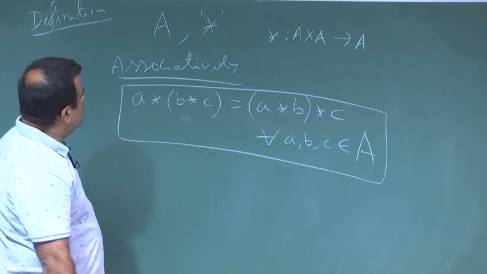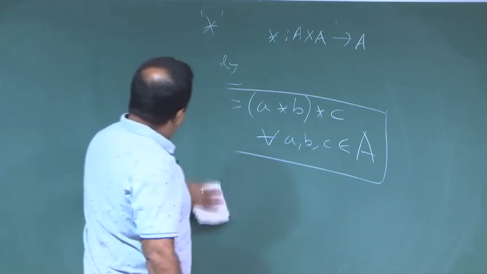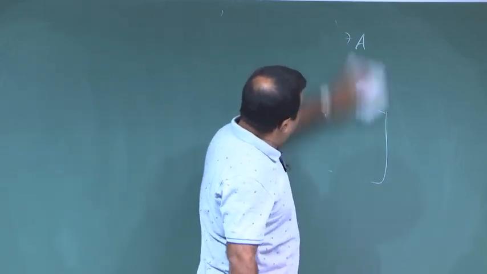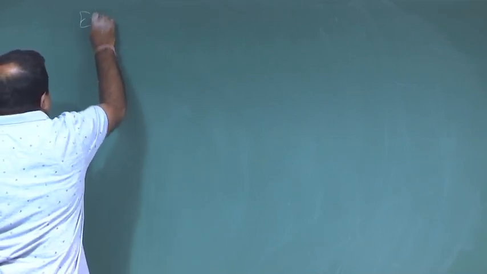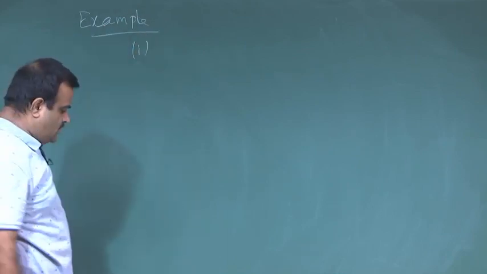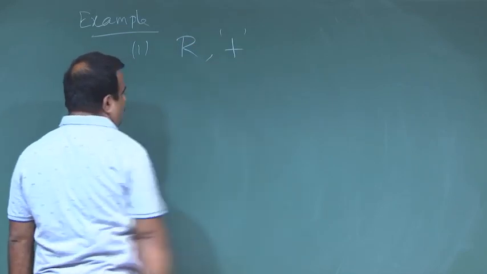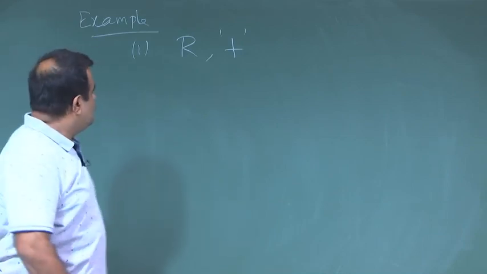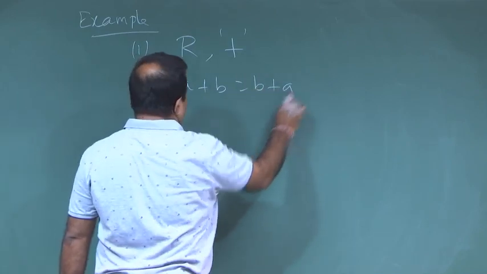Now, so now we will take some example. So, plus is an associative operation. Suppose we define R, the set of real numbers, and we have an operator plus. Now, we know the plus is commutative because a plus b is equal to b plus a. So, this is commutative.